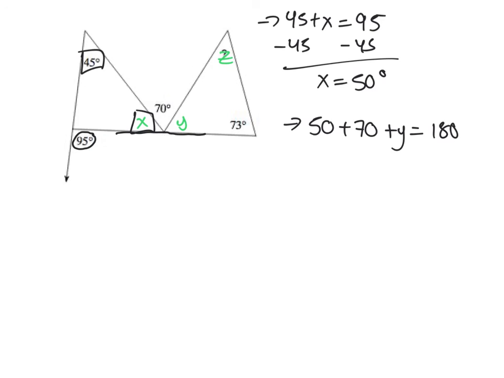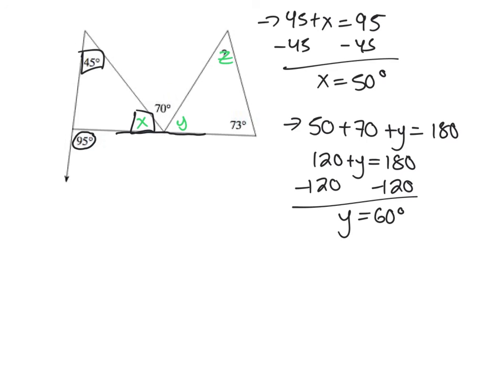We add 50 plus 70 together and get 120. Subtract 120 from both sides, and y is 60 degrees. So x is 50, y is 60, and now we have to find z.